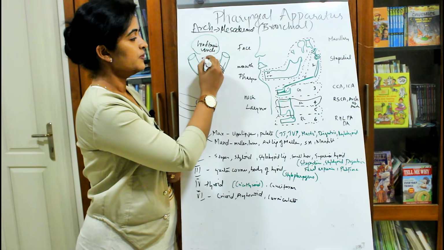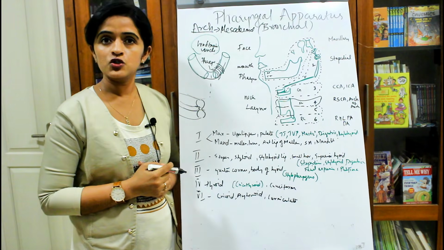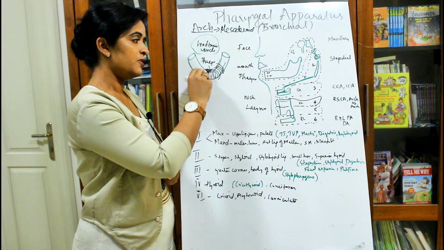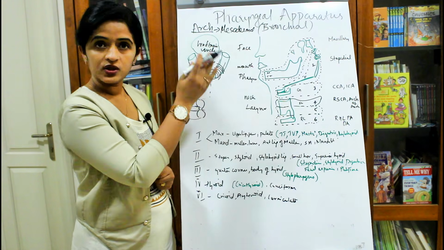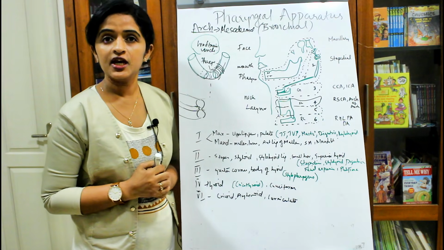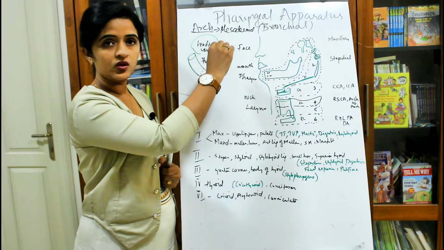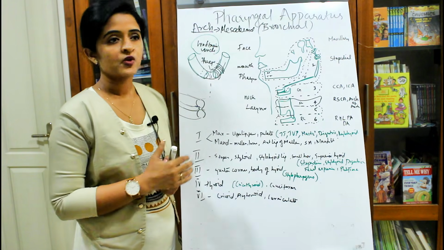Here is actually the pharynx, isn't it? So the pharynx will be lined by the endoderm. So the innermost aspect will be lined by the endoderm. So outermost covering will be the ectoderm and innermost lining will be the endoderm, and in the core it is actually cylindrically arranged mesodermal core.